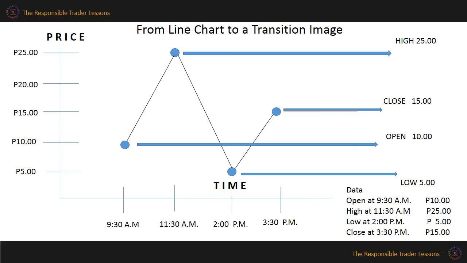If you extend the different price points, you are going to arrive at this image. So we have the high.